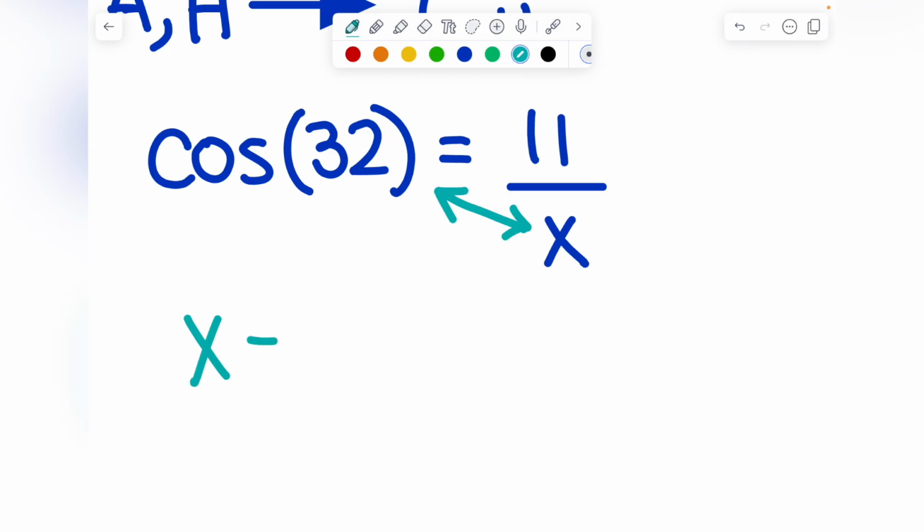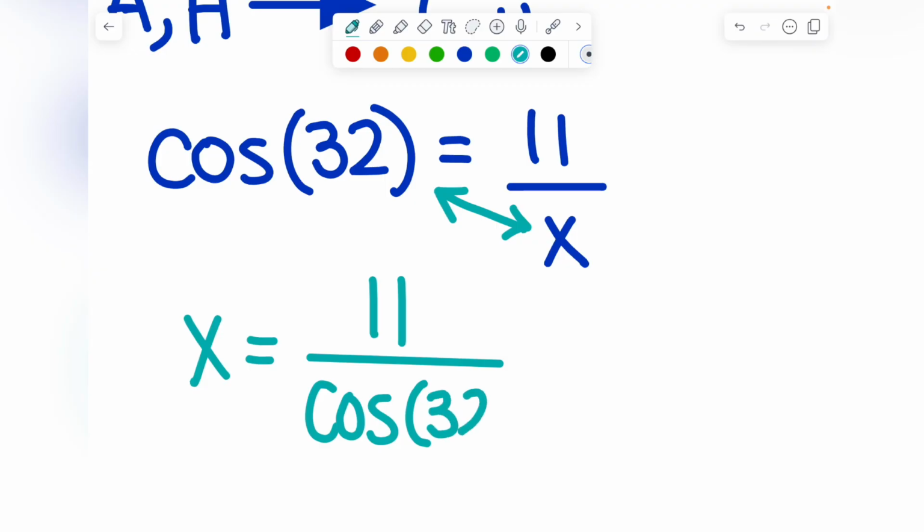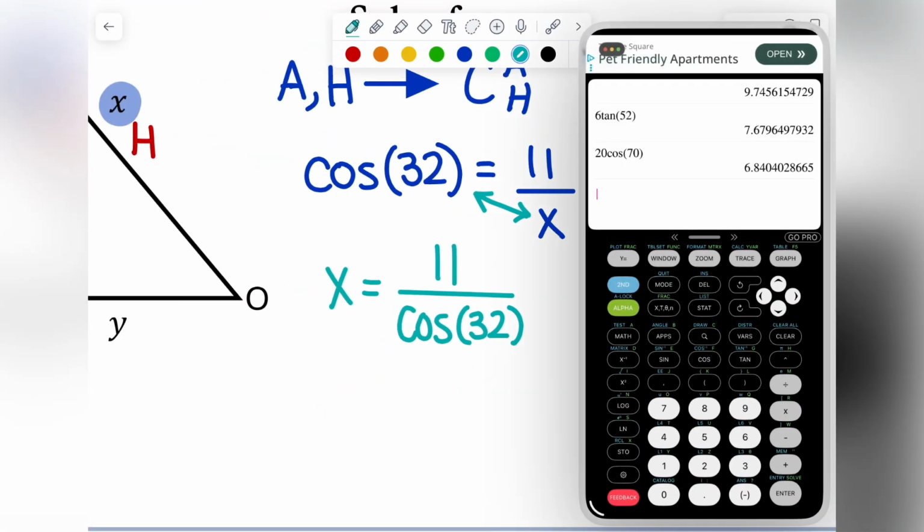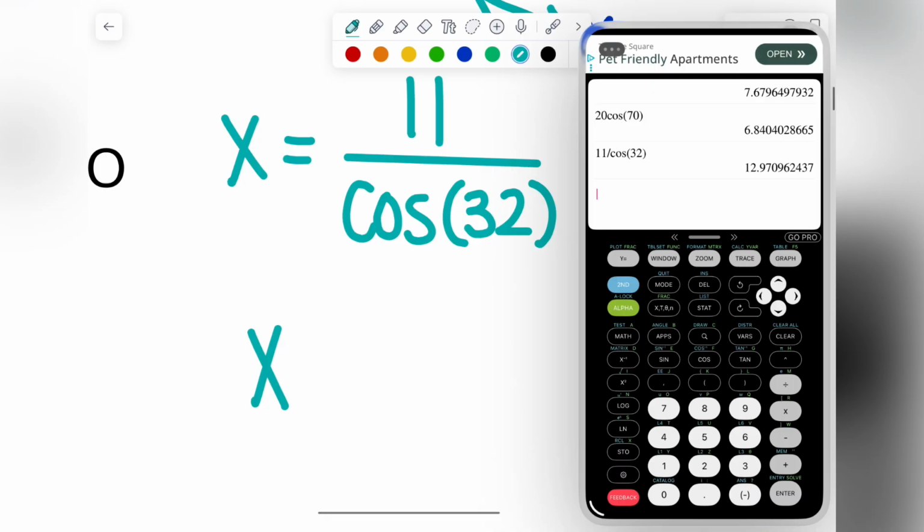So my answer ends up being x equals 11 divided by cosine of 32. And that's just because of the placement of x. Since x was being divided, the shortcut of solving is that we switch their places, and I'm dividing instead of multiplying. Okay, so I'm going to type in my calculator 11 divided by cosine 32. Boom, that's my answer. 12.97.